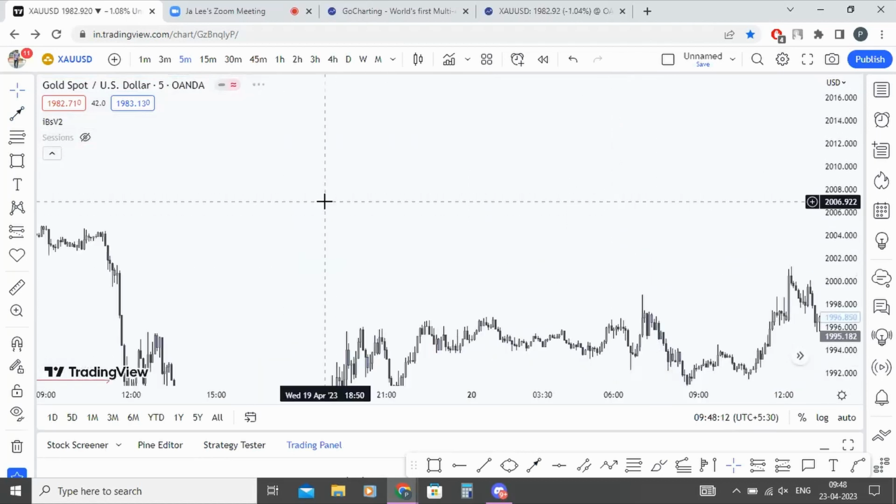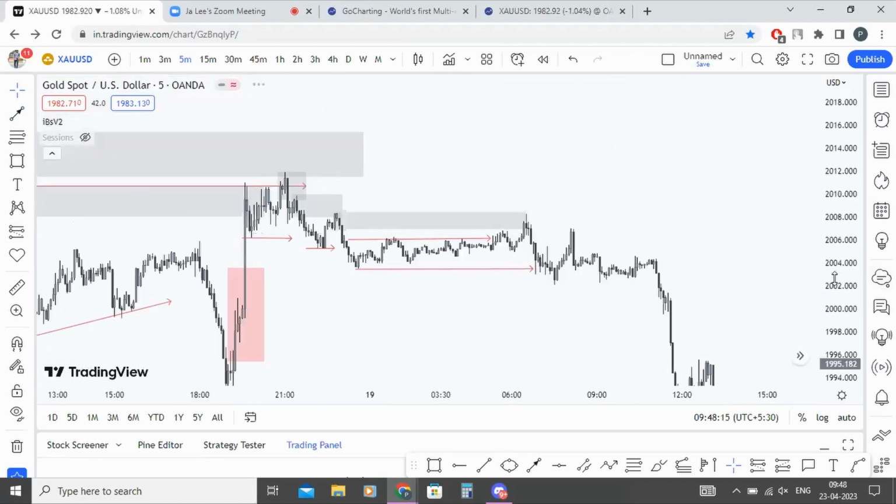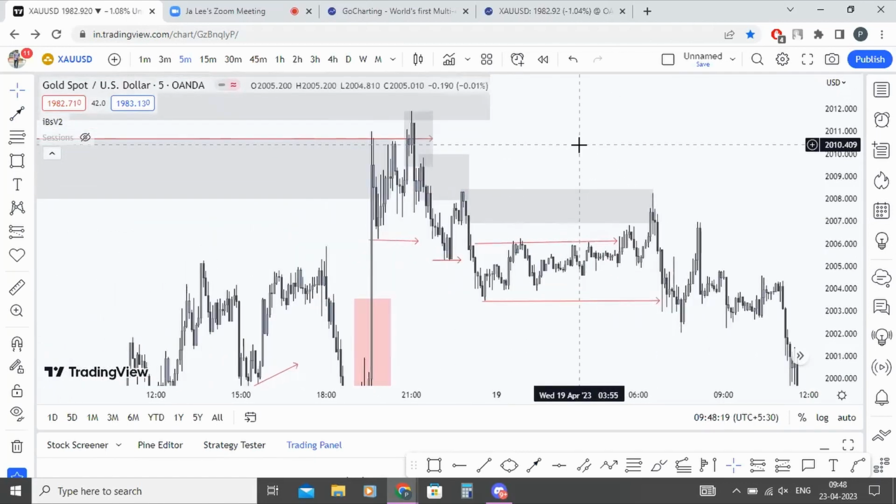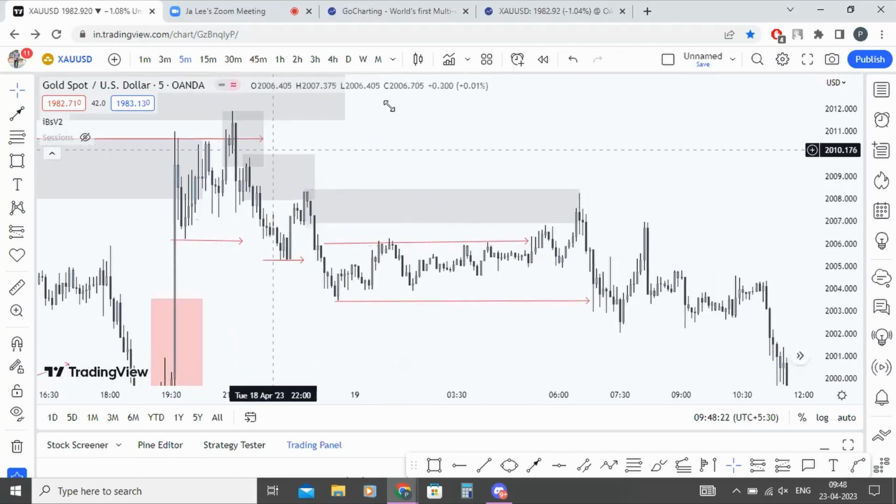So I took this trade on the 1M. This was everything which was on the 5M.